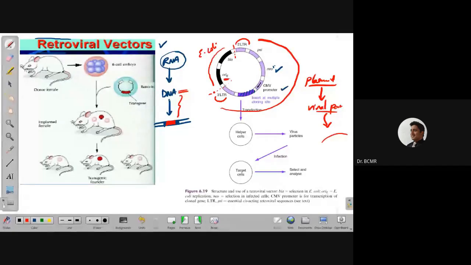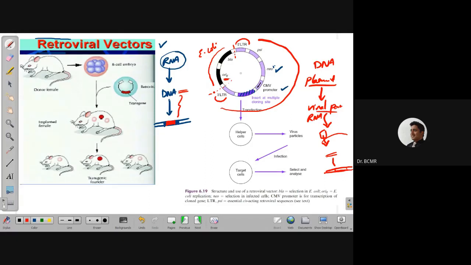You are doing it as DNA, and when you make the viral particles, it should be RNA, and then you get the viruses, and those viruses are allowed to infect, which within the cell will become double stranded DNA and then integrate into the genome, right? This is the whole process.